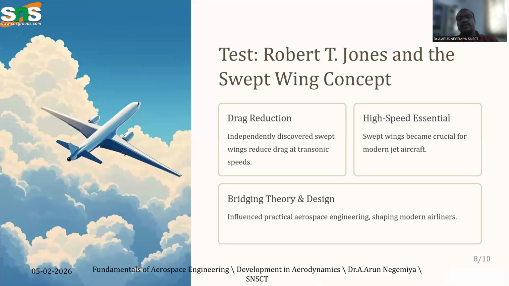And Robert T. Jones's swept-back wing concept: by using the swept-back wing concept, the drag can be reduced during flying conditions. In that wing, the lift will also be improved.